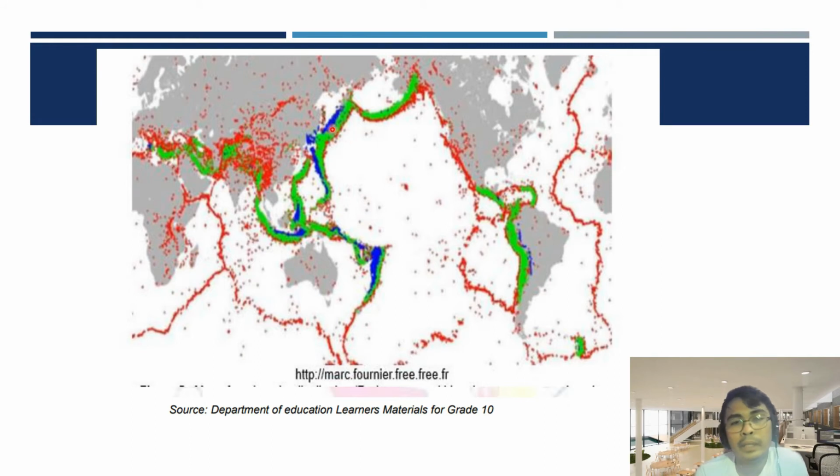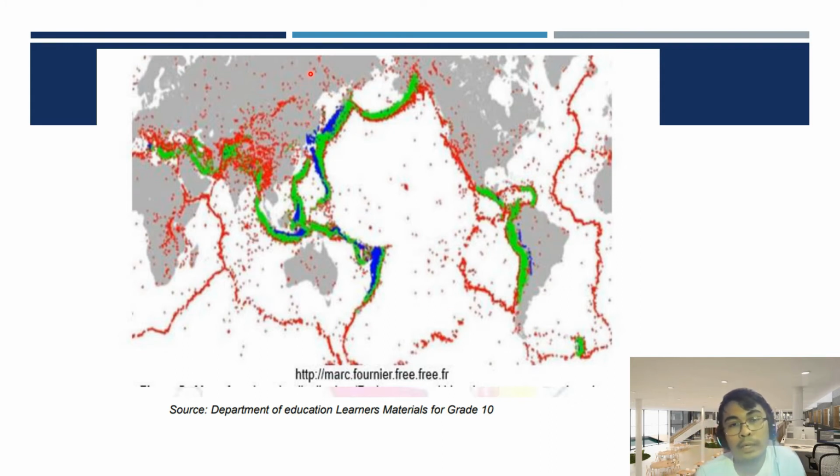Yung blue naman and then yung green, it shows mga earthquake din to, okay? Probably, but hindi siya gaanong kalakasan, okay? In that case po, okay? So, but anyway, just focus on the red dots because they show the earthquake, okay? The location of the earthquake or its distribution, okay po?